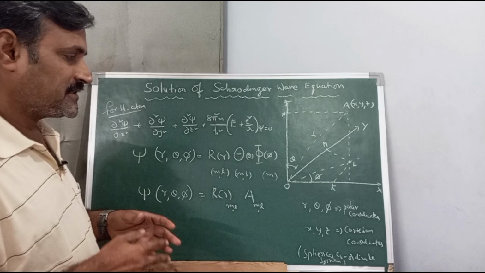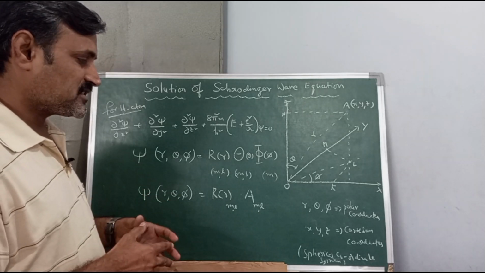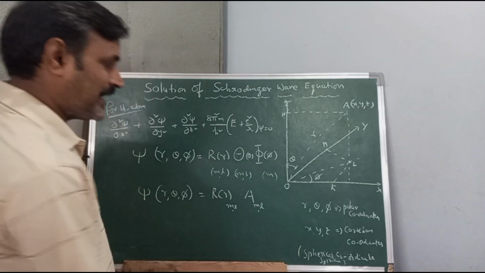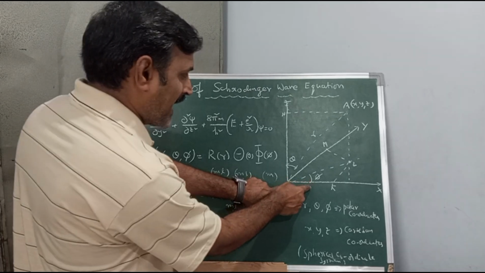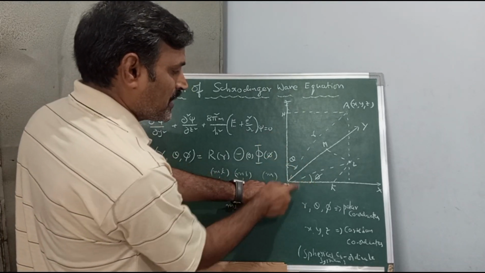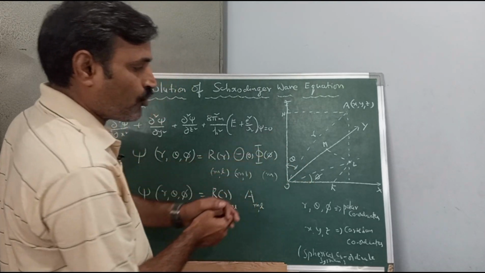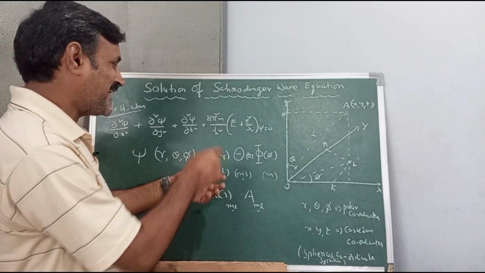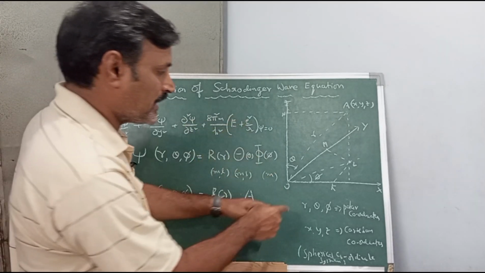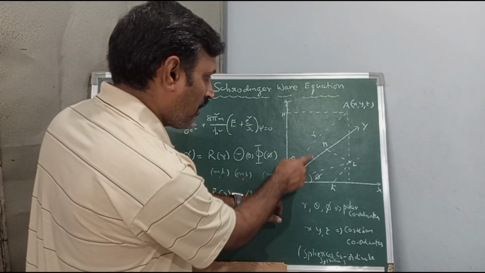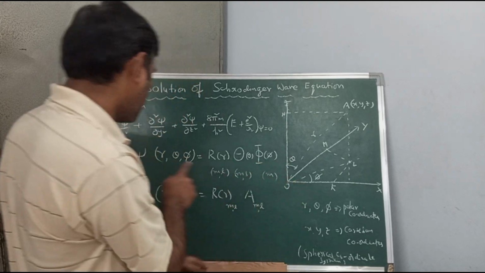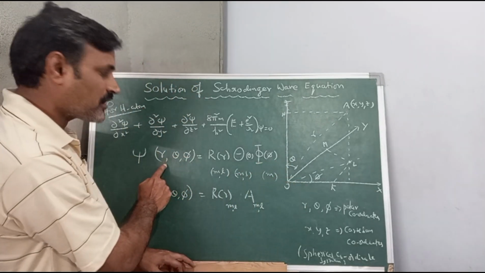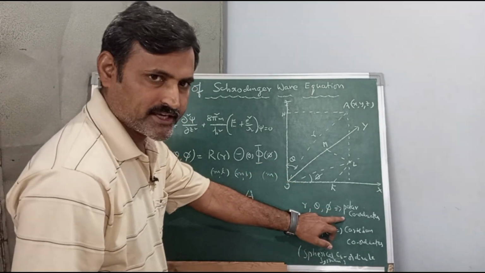But if you consider the spherical coordinate system, different kinds of coordinates are introduced in place of x, y, z. They are r, theta, phi. These are called polar coordinates.